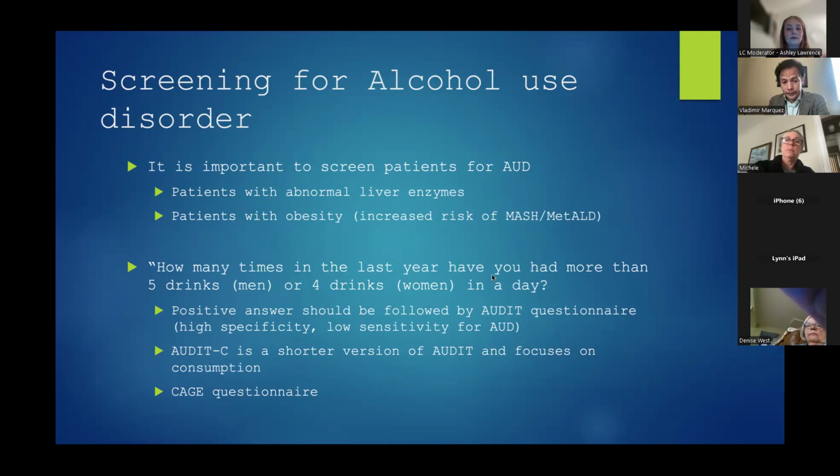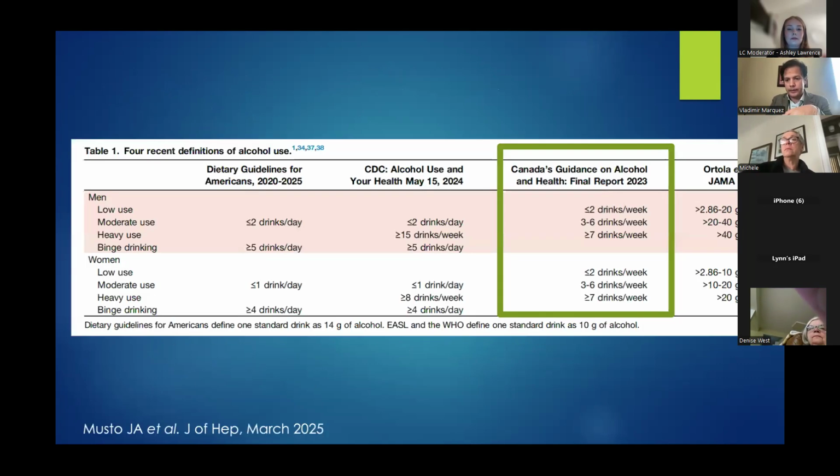And there are other tests like the AUDIT-C, which is the shorter version of the AUDIT, questionnaires that we can find online, we can find in our med calculators that can provide an idea of how problematic the alcohol use of that individual is.